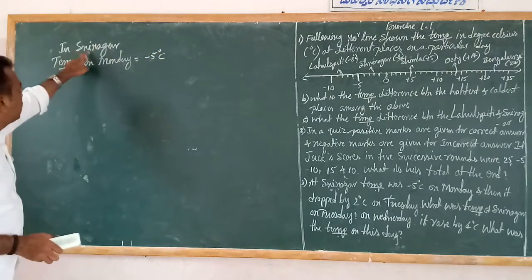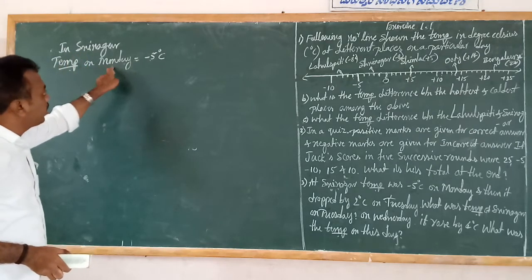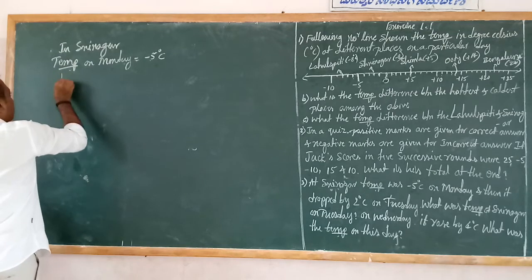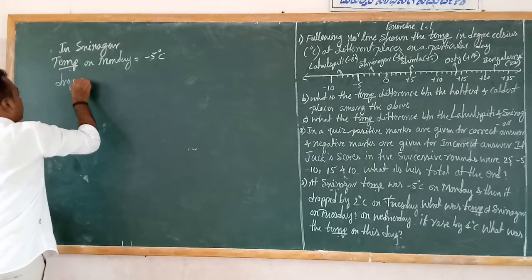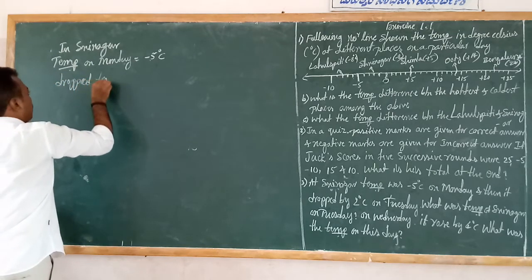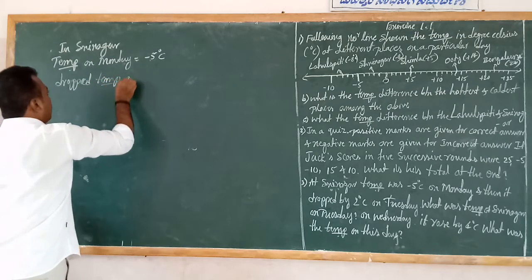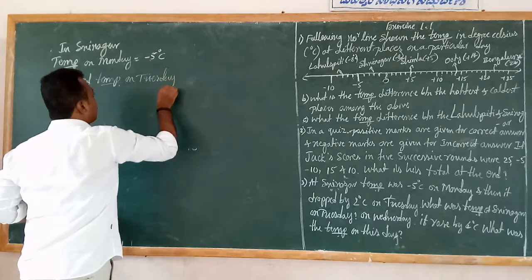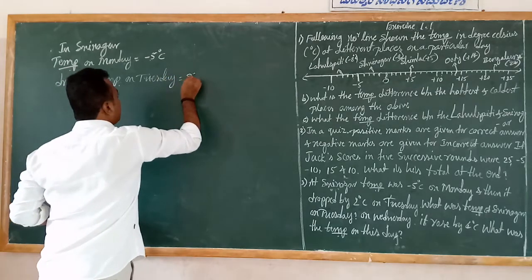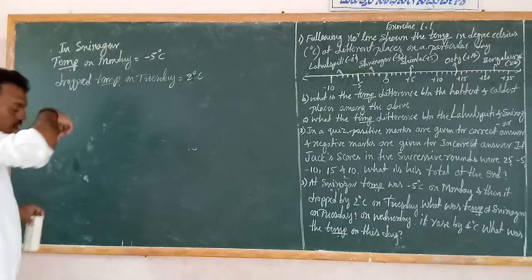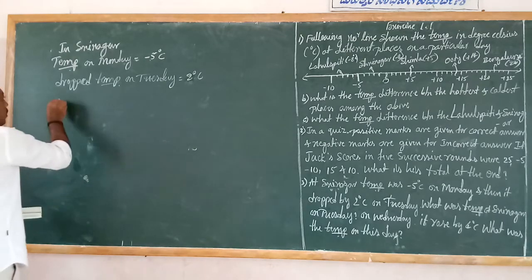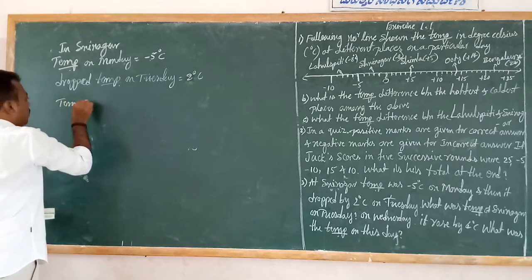So the dropped temperature on Tuesday is minus 2 degrees Celsius. Okay. So what is the temperature on Tuesday? So, temperature on Tuesday.